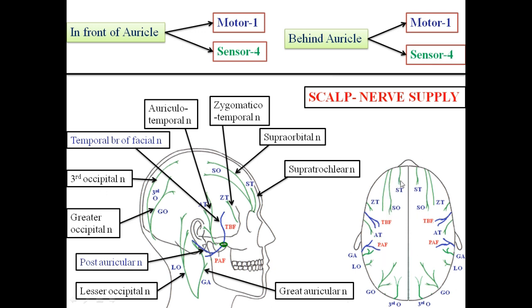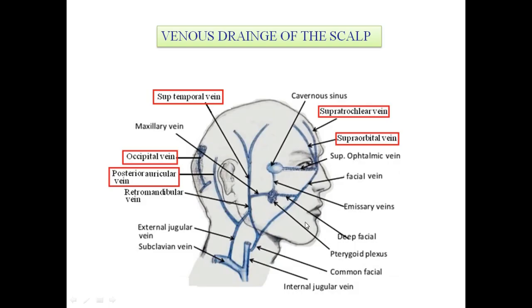So here you can see 4 sensory in front of the auricle, and behind the auricle there are 4 sensory and 2 motor.